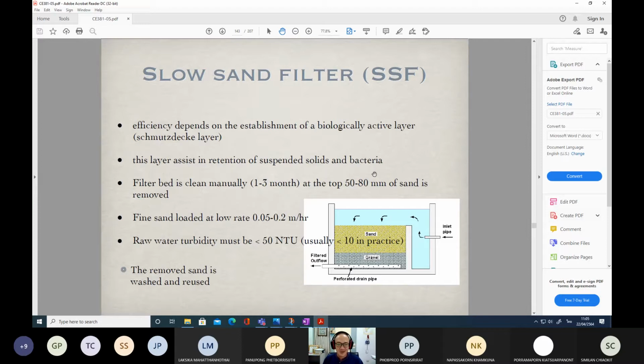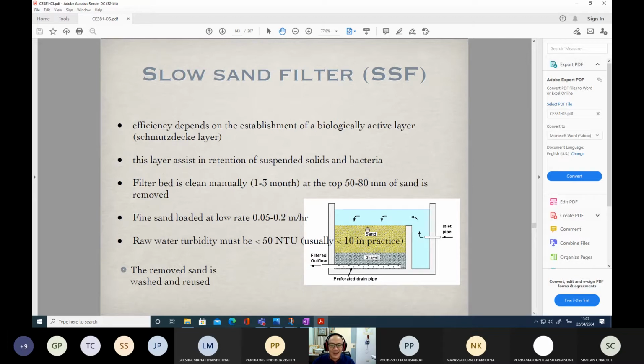For the slow sand filters, water just gradually passes through the media. This will enhance the establishment of the biologically active layer near the surface. They actually name it specifically as the smoothest layer.